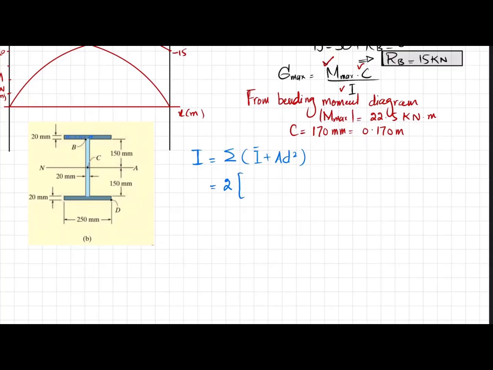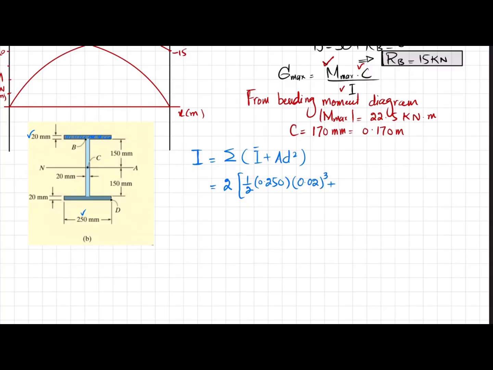I have shaded it. So 1 over 12, its breadth is 250 millimeter, which in meter will be equal to 0.250, into h cube, and h for this plate is 20 millimeter. So it will be 0.02 whole cube plus AD square.